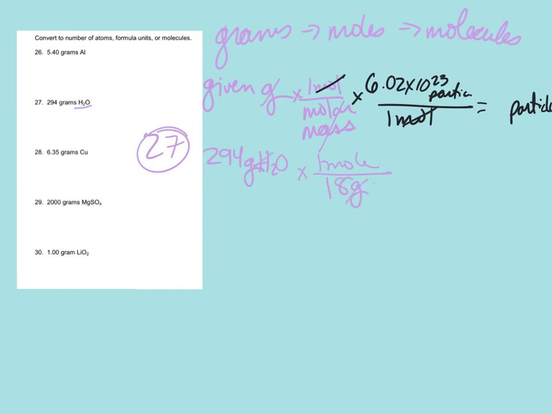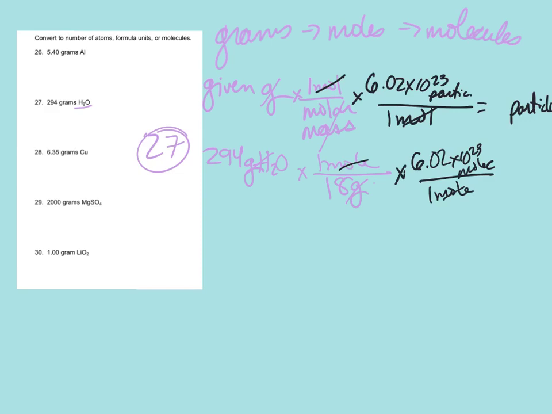So our grams cancel. At this point, you could hit equals and then set up the next part of your problem. Or you can keep going and convert to molecules. So moles cancel, you're left just with molecules.